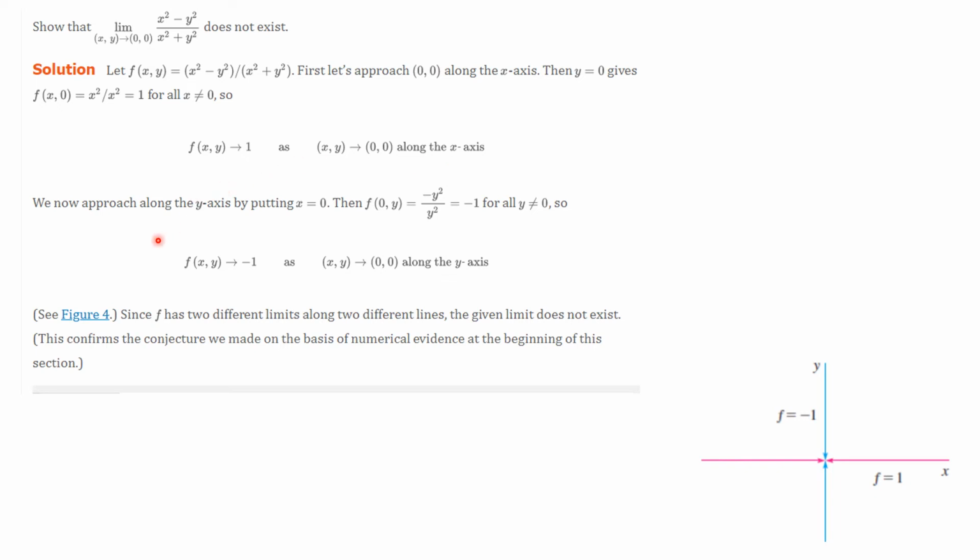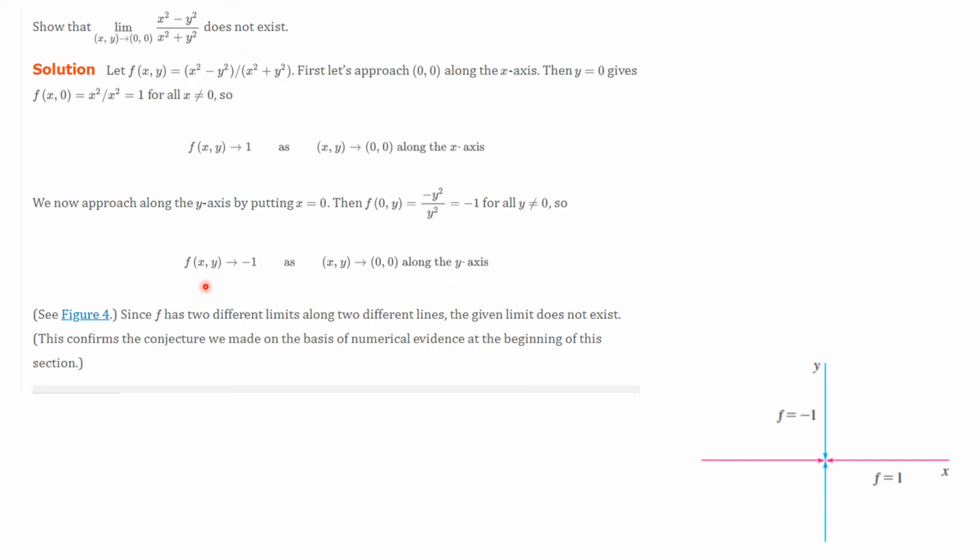But now we're going to try to approach along the y-axis. And if we go along the y-axis, we're going this way and this way. And so when we're doing that, that means that x is equal to 0. So then we're going to be looking at f(0, y). And that's going to be minus y squared over y squared, which is minus 1 for all y.